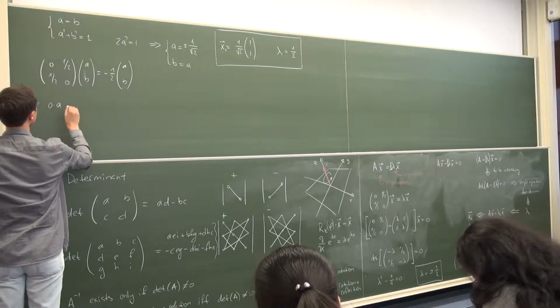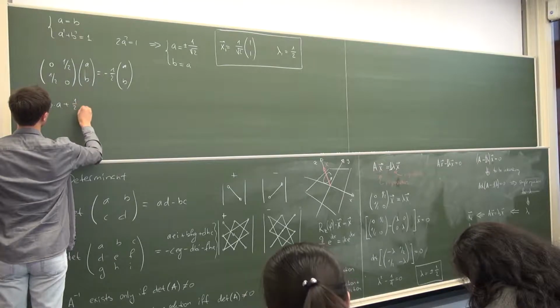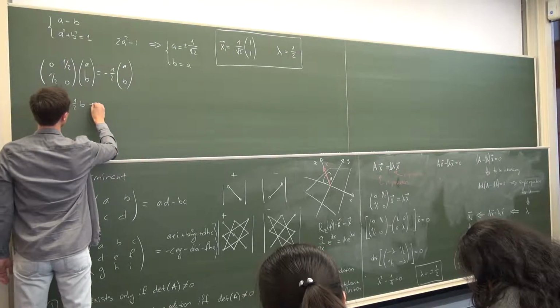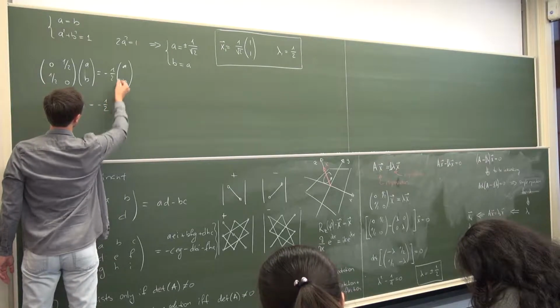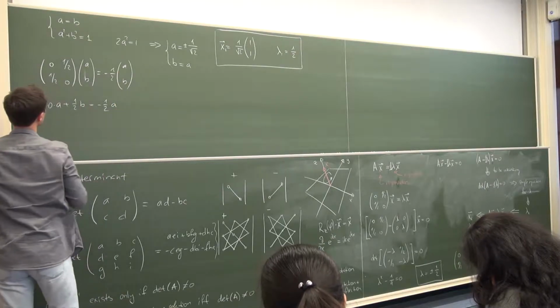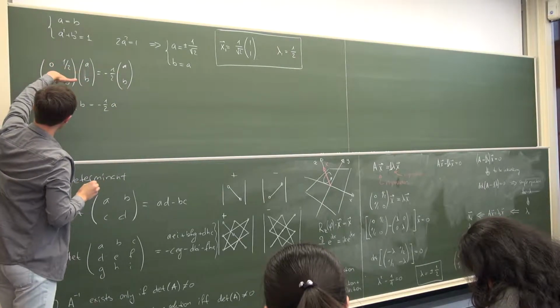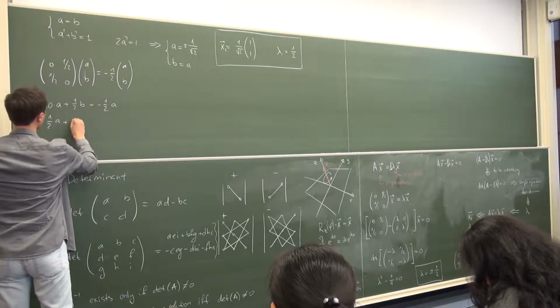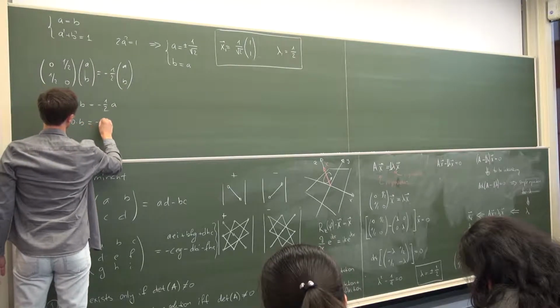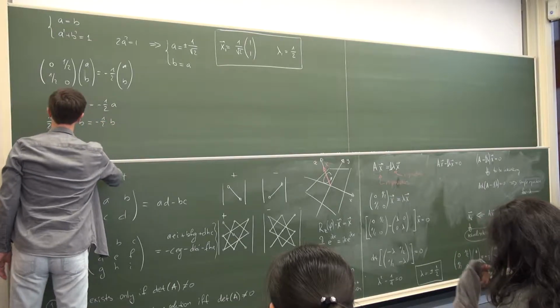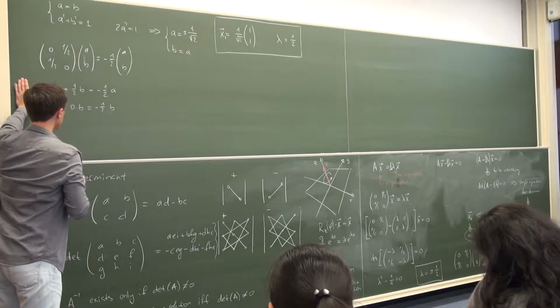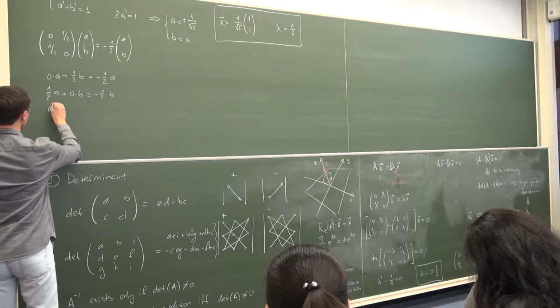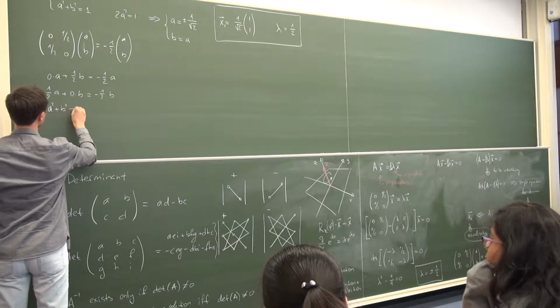0 times A plus 1/2 times B equals minus 1/2 A. Second equation, the second row: 1/2 A plus 0 times B equals minus 1/2 B. And the normalization condition, A squared plus B squared is 1.